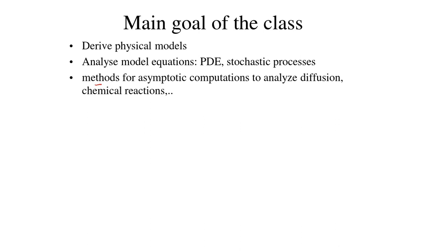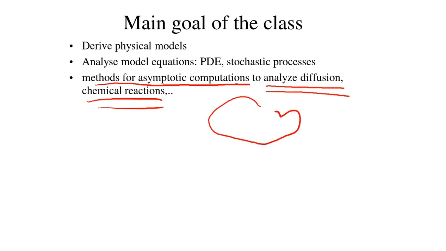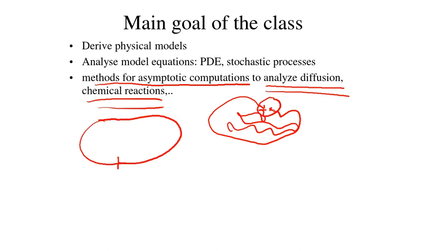So we will present methods for asymptotic calculation, and we will specifically spend time to analyze diffusion and chemical reaction. This can be, for example, the small hole problem: how long it takes for a particle to escape a domain through a small hole. Or the chemical reaction, which is, for example, if you have many different binding sites, and you have inside, let's say, molecules that move by diffusion, and when they move, they can hit one of these sites.